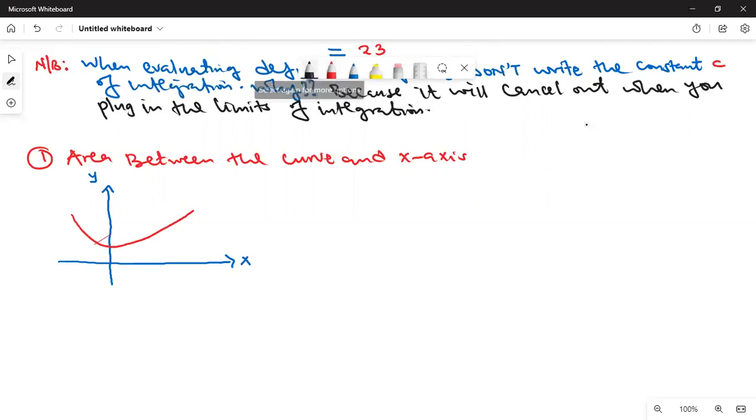That's our curve. And we want to know the area between the line x is equals to a, and x is equals to b. Something like that.